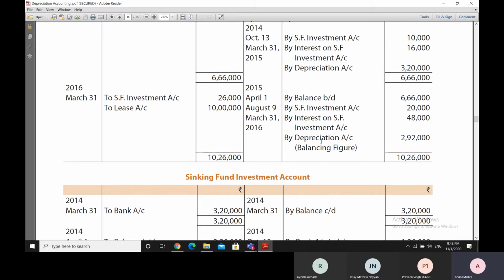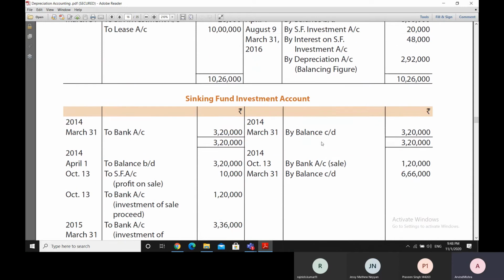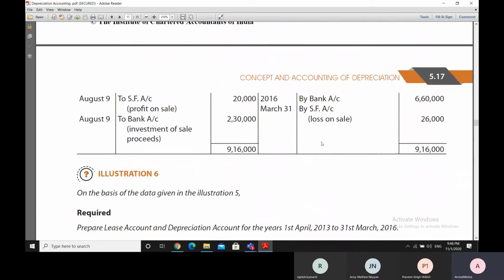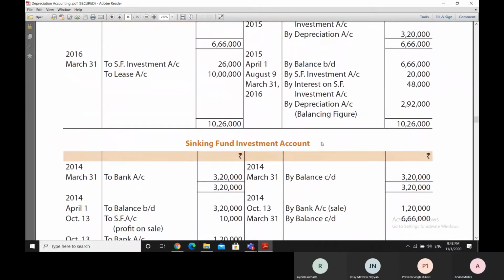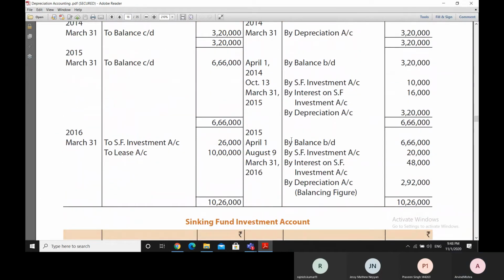So to calculate the depreciation amount that is required, we just need a balancing figure in the sinking fund account. So the balancing figure is taken by subtracting the left side and the right side of the sinking fund account, and when we do that, we find that a balancing figure of 2,92,000 rupees is required here.